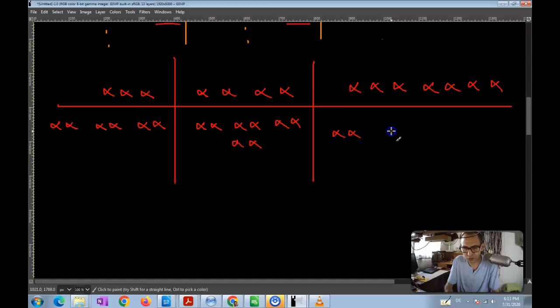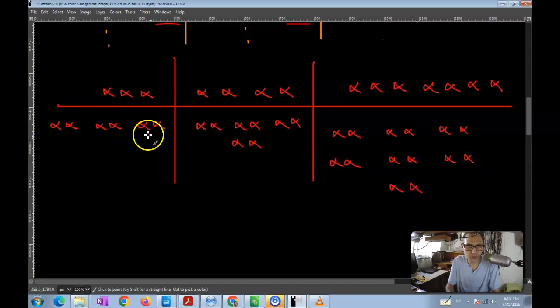So I have 1, 2, 3, 4, 5, 6, and 7, right? So of course, 3 groups of 2 is 6, 4 groups of 2 is 8, and 7 groups of 2 is 14. And of course, 6 plus 8 is equal to 14. And so that's basically how this works.